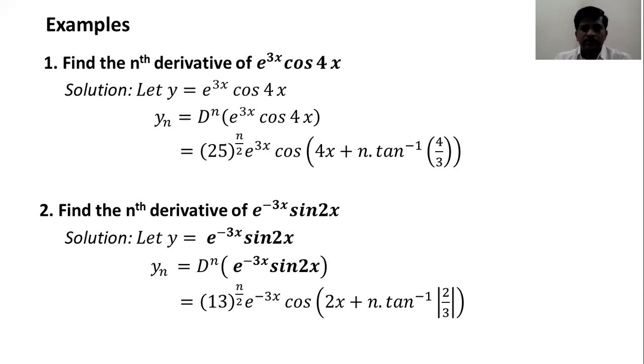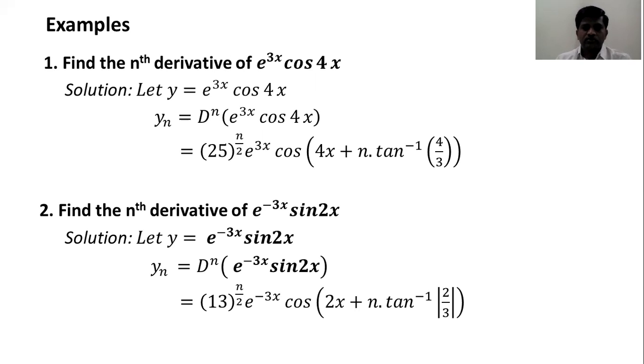Let us take one more example. Find the nth derivative of e^(-3x) sin 2x. Let y is equal to e^(-3x) sin 2x. Take the nth derivative on both sides. Yn is equal to d^n of e^(-3x) sin 2x. Here a value is -3, b value is 2.